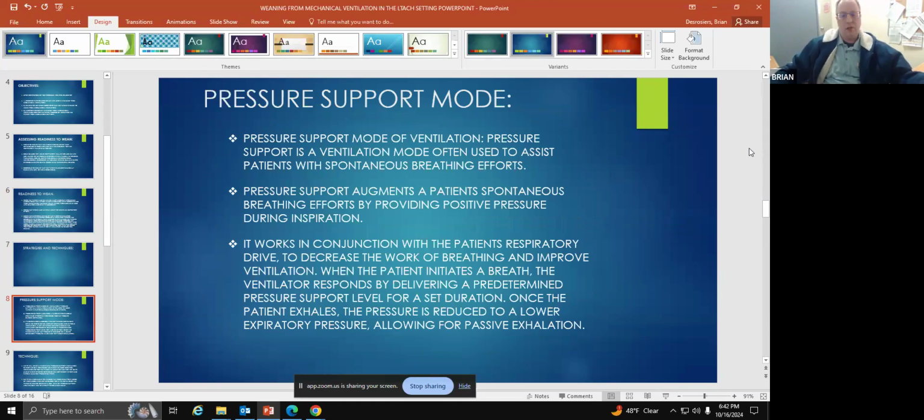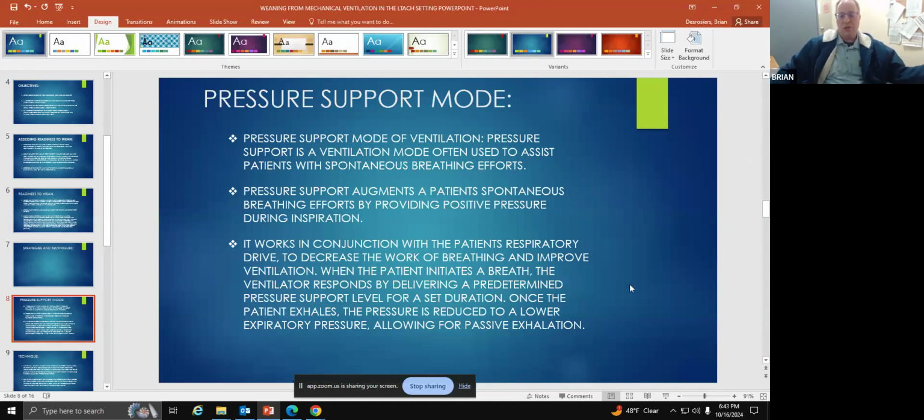This is a mode of ventilation on the ventilator, which is often used to assist patients with spontaneous breathing efforts. The pressure support augments a patient's spontaneous effort by providing a positive pressure during the inspiratory phase. It works in conjunction with the patient's respiratory drive to decrease the work of breathing and improve ventilation.